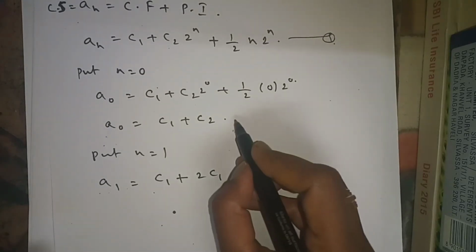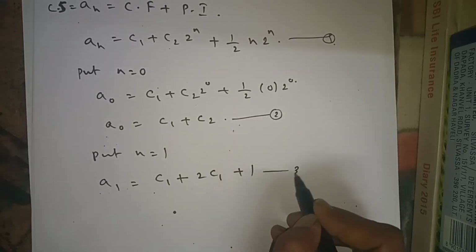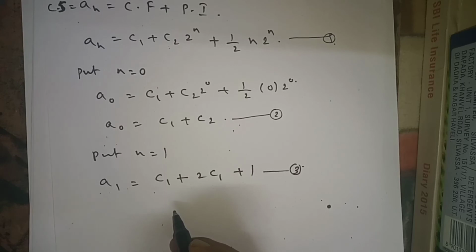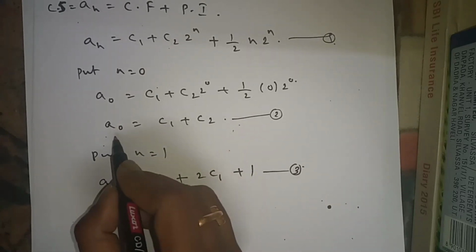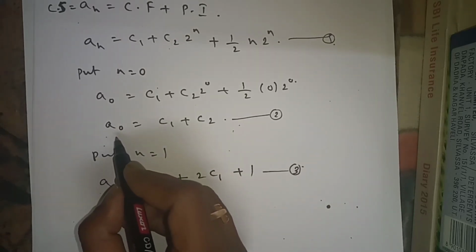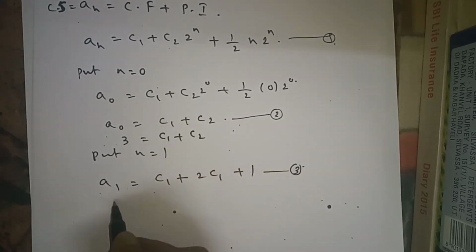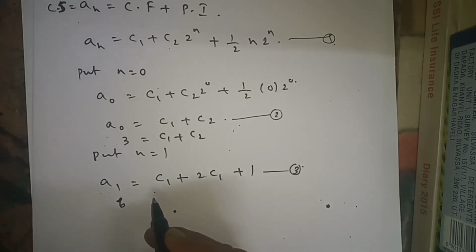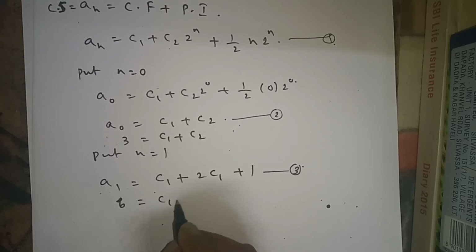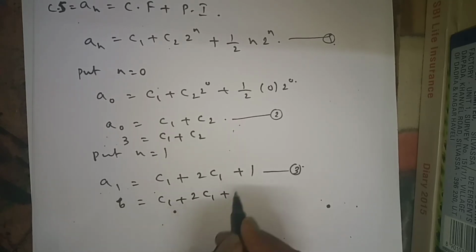Now equation 2, equation 3. But a0 is given. How much is a0? a0 is equal to 3, so 3 is equal to c1. a1 is equal to 6, so 6 is equal to 2c1 plus 2c2 plus 1.